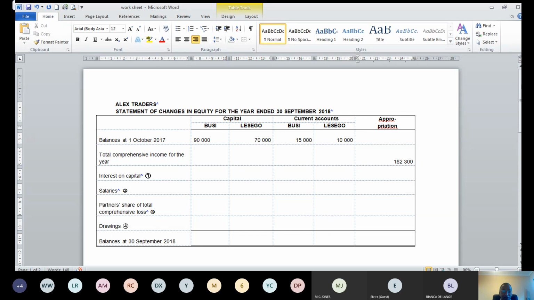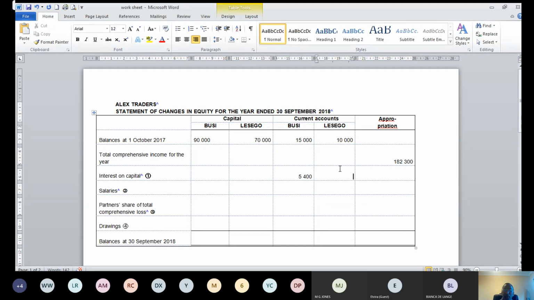Right. The conditions of the partnership agreement stipulate that partners are entitled to interest on their capital, and the interest on the capital is 6%. 6% on the capital, which means that the current account of Busi, we will transfer his share of the interest, and that is 5,400 Rand, which is 6% of the 90,000.